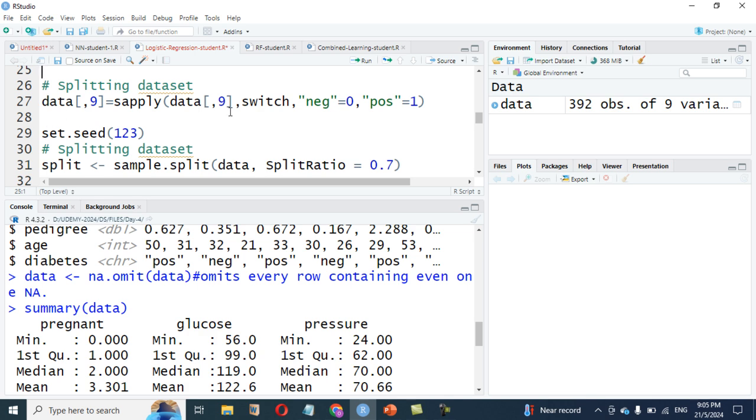In diabetes, the values are character based, negative and positive. So we want to make it 0 and 1. So we call the data, the ninth column, diabetes, then we use sapply on the ninth column, and wherever it is negative, make it 0, and positive, make it 1. That's what we do for the ninth column.